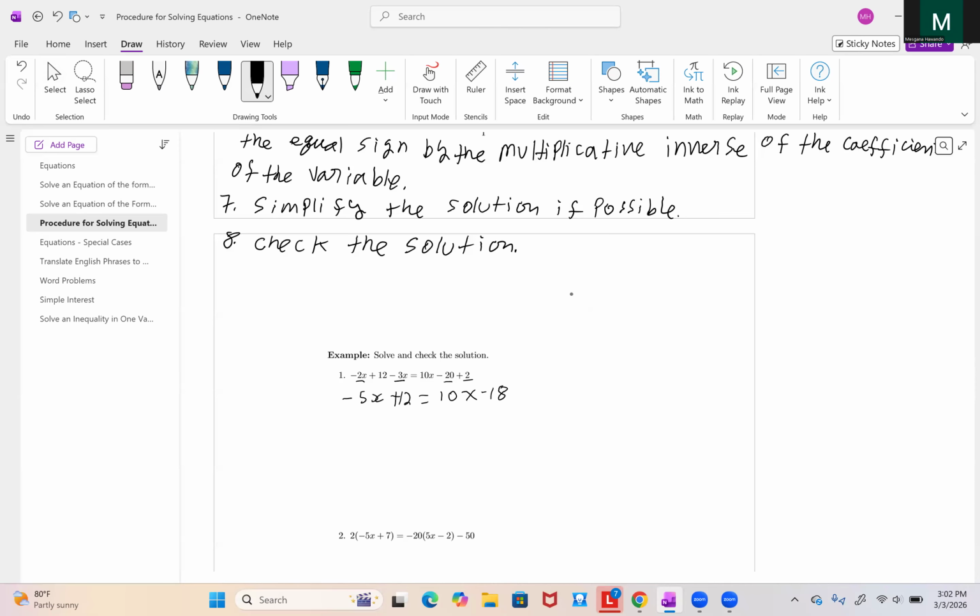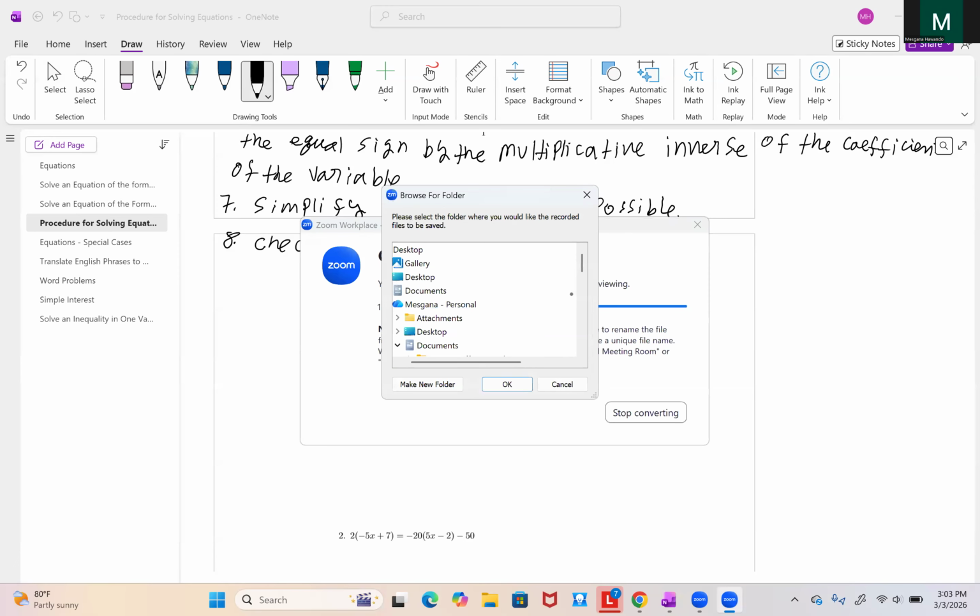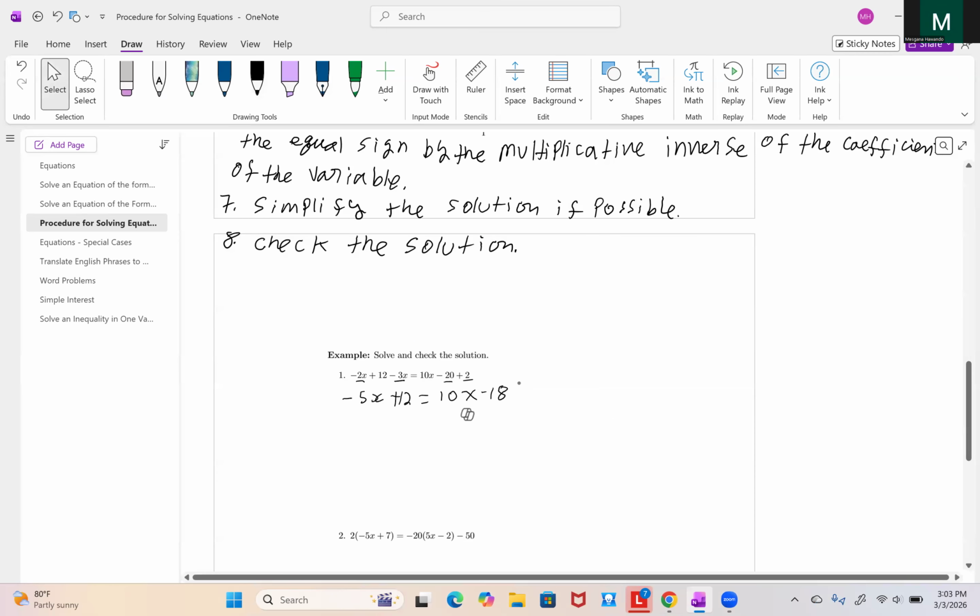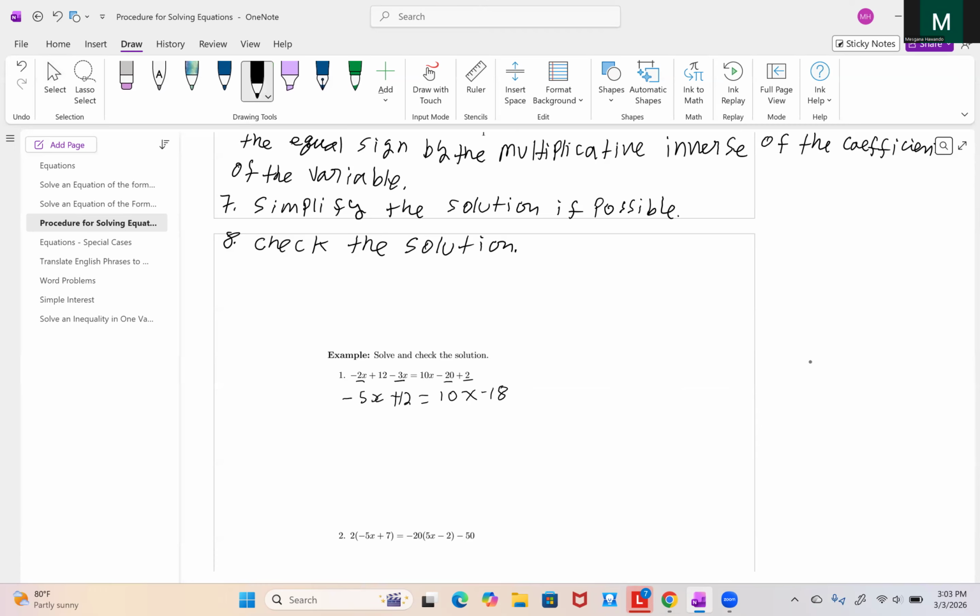We have the variable term on both sides of the equal sign, so we use the addition principle to move the variable term to one side of the equal sign.